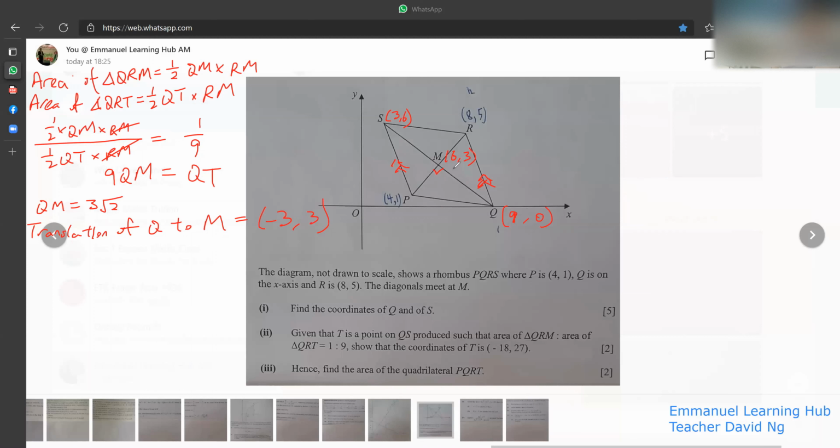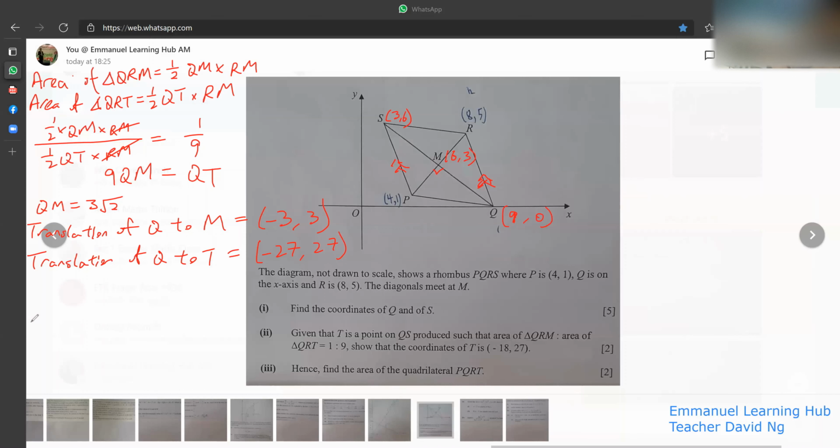-3 and +3 here, so -3, 3, that's the translation. So translation from Q to T will be 9 times of this, because I found out it was 9 times of this.